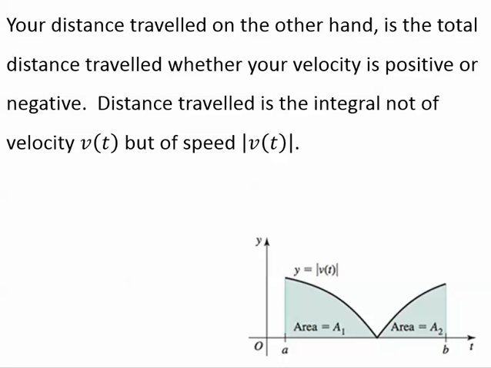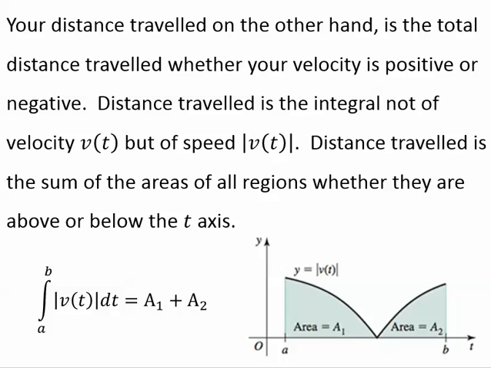What about distance? Your distance traveled is the total distance traveled whether your velocity is positive or negative. Distance traveled is the integral not of velocity but of speed. So you can see that the region that used to be below the t-axis is now above the t-axis, because we're taking the absolute value of the velocity function, which is speed.